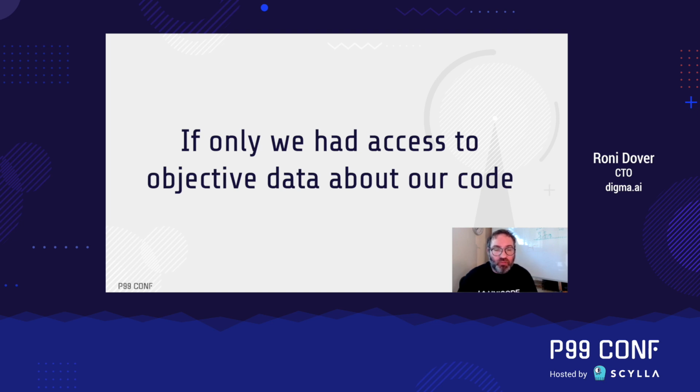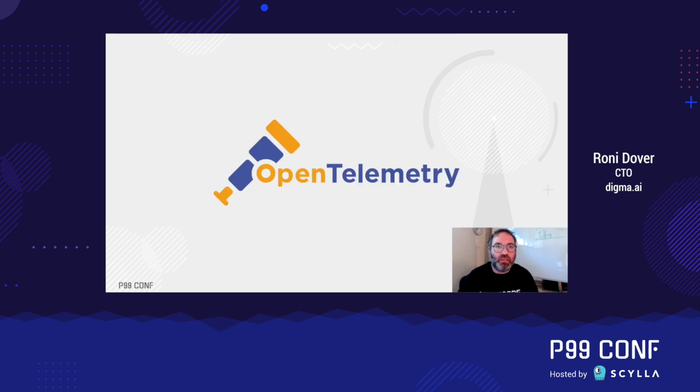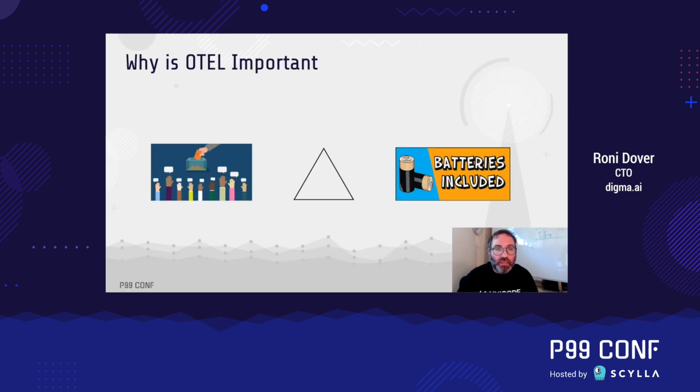We would completely be aware of everything that is happening with our code in production, both if we're measuring it or if we're evaluating code changes and so on. And this is a perfect segue to OpenTelemetry, because OpenTelemetry is the technology that makes it much easier to get access to that data. And in this sense, I want to talk for a second about why I think OTel is important.